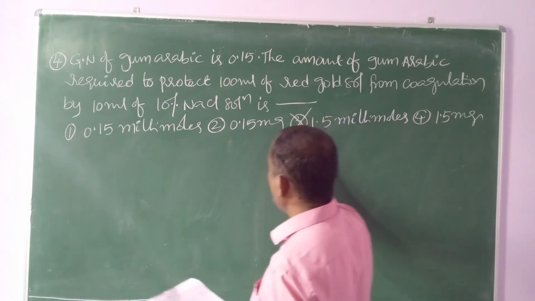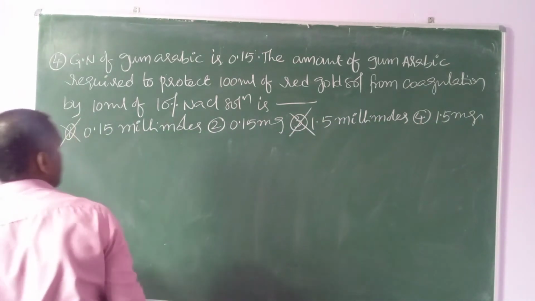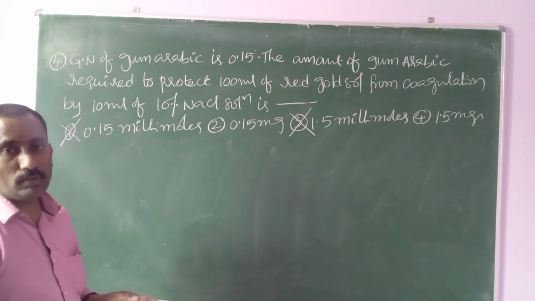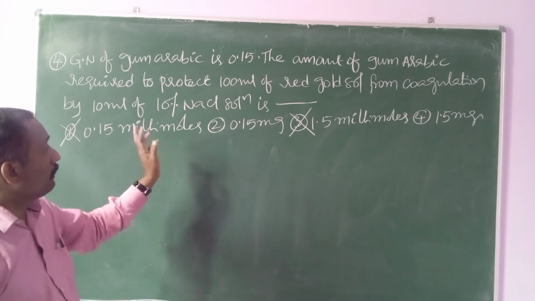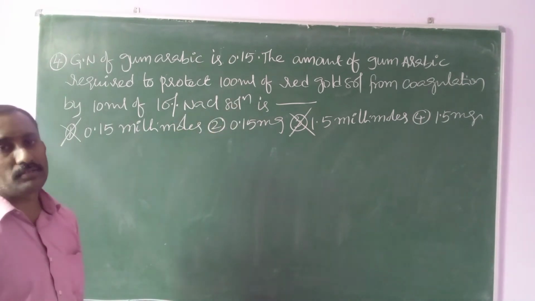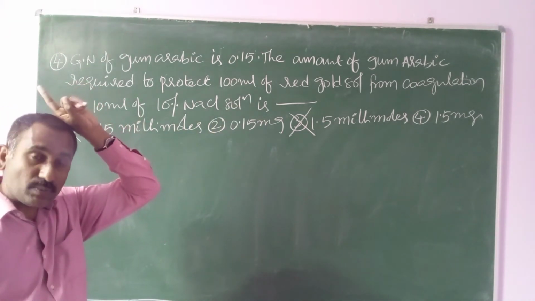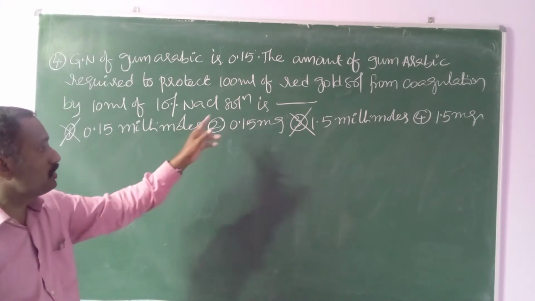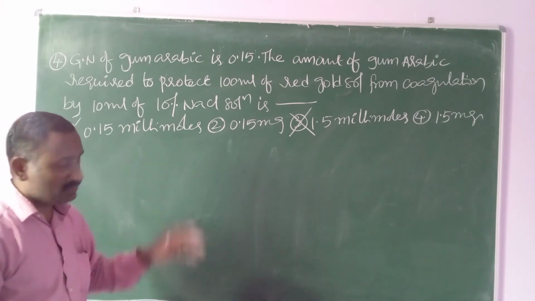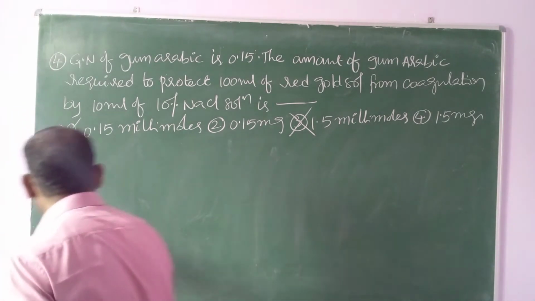Anyhow, the third and first are not suitable answers. Why are 1 and 3 not suitable? Gold number is always expressed in milligrams but not millimoles. Coagulation value is expressed in millimoles. Gold number is not expressed in millimoles, it is expressed in milligrams. Hence 1 and 3 are not suitable.